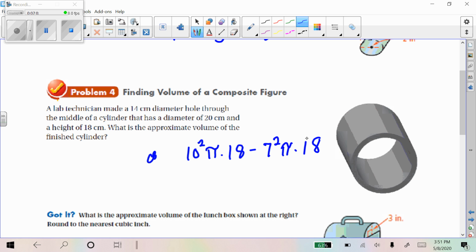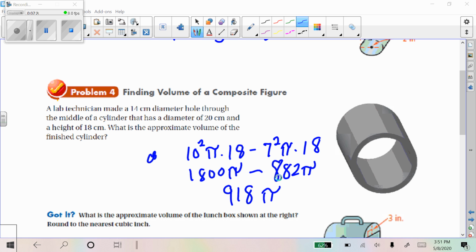We'll leave it in terms of pi. So we get 1800 pi minus 882 pi. And in terms of pi, we can go ahead and subtract those, and that gives us 918 pi.